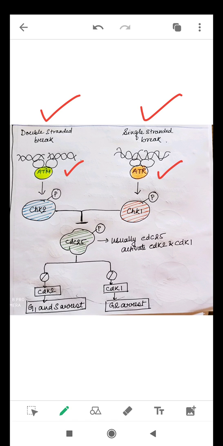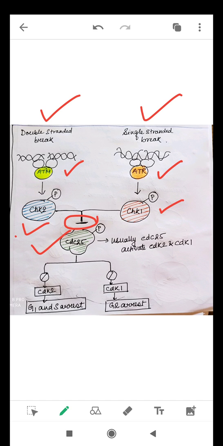These are also kinases, which will phosphorylate the proteins CHK1 and CHK2. ATM will phosphorylate CHK2, whereas ATR will phosphorylate CHK1. Once these two are phosphorylated, they will inhibit. You get to see this blockage sign. This is inhibition. They inhibit CDC25 from getting activated.